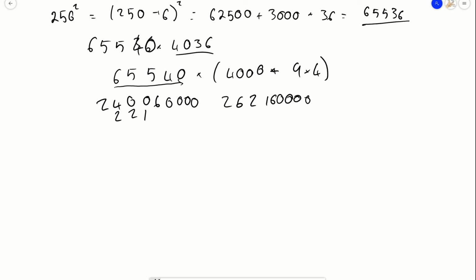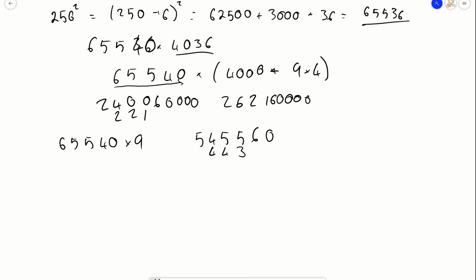Okay, so the next step then is 6 5 5 4 0 times the 9. Okay, so we can see from this one we're going to go with so we start at the front, remember. Okay, so when we start at this front we go 5 4 4 5 4 5 3 6. Okay, and then the 0.